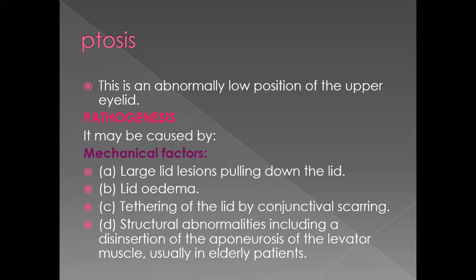That aponeurotic part degenerates with age, and therefore it gets separated from the insertion, and that is what causes ptosis in elderly patients. So whenever you see very old patients, you will find that their upper eyelids have drooped down, just because of the weakening or disinsertion of the levator palpebrae superioris aponeurosis. Okay, so this is also one of the mechanical factors.